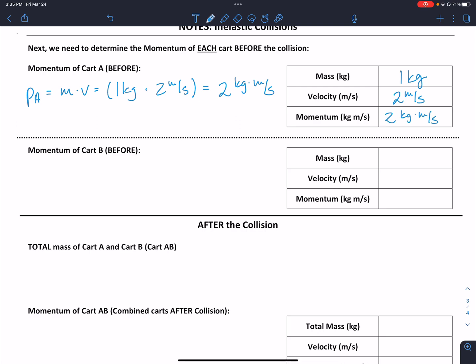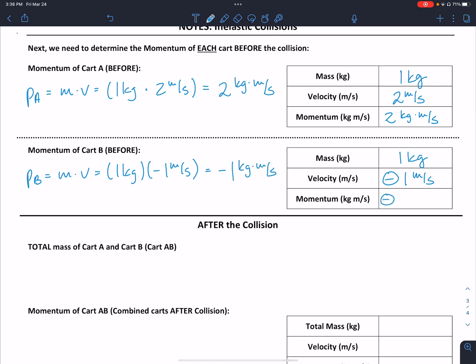For cart B, also 1 kilogram, but it's moving to the left, so negative 1 meter per second. So momentum of B, mass times velocity, equals 1 kilogram times negative 1 meter per second. So our momentum here will be negative 1 kilogram times meters per second.